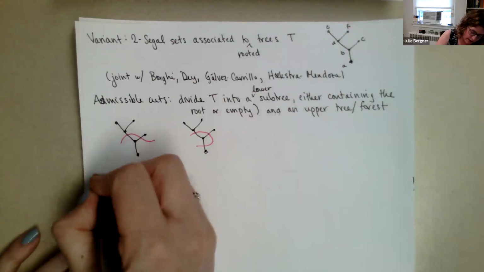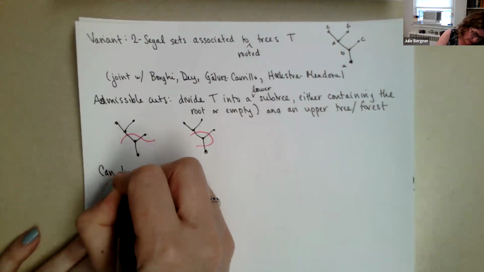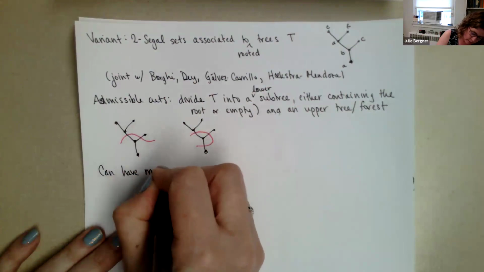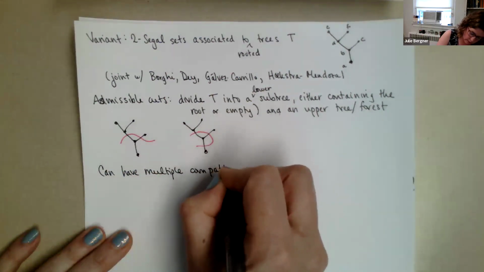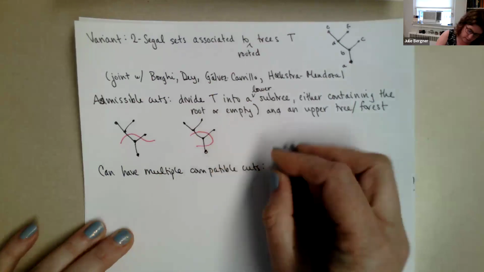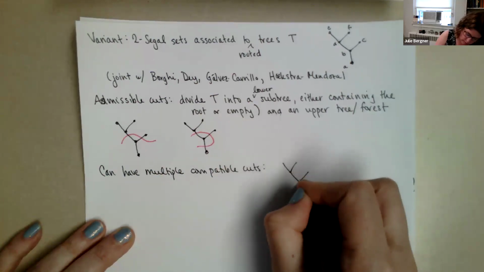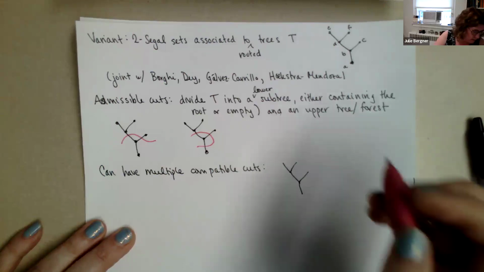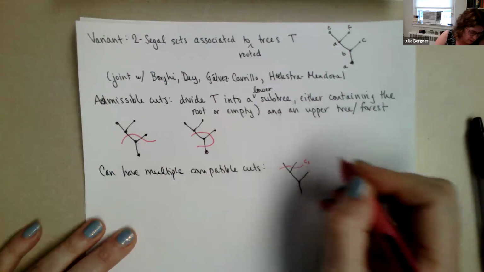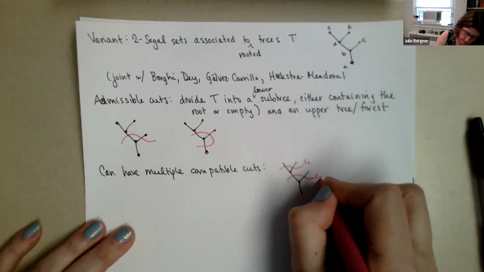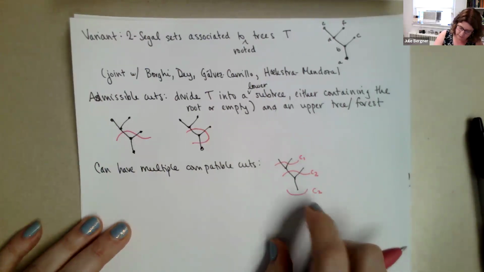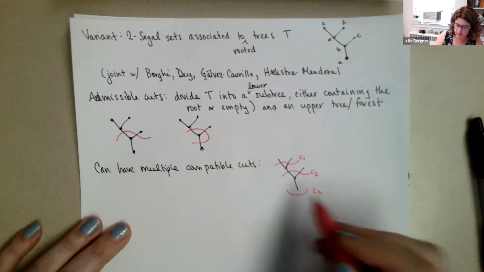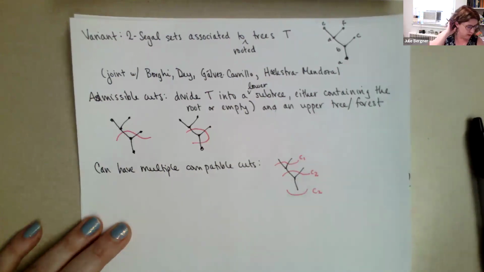And then you can have multiple compatible cuts on the same tree. So for example, I could take a cut C1, another cut C2, and then this is an example where our lower tree is empty, where you just have the cut passing along the bottom.